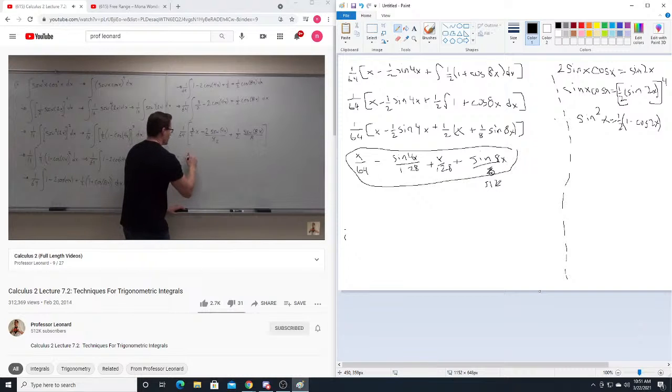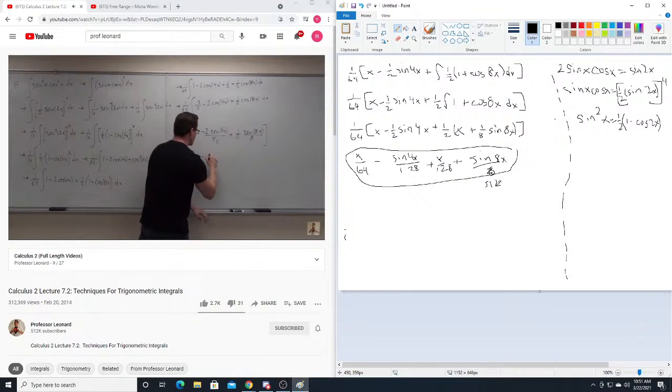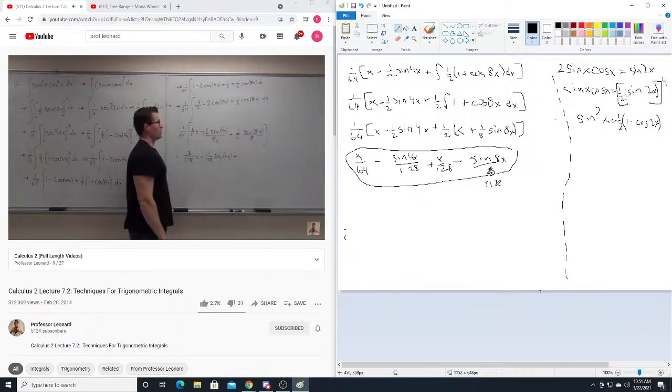So we'll have 3 over 128x. Oh goodness. We'll have minus, when we distribute, notice this is a 1/2, 1 over 128 sine of 4x plus... Wow, what's this going to be?